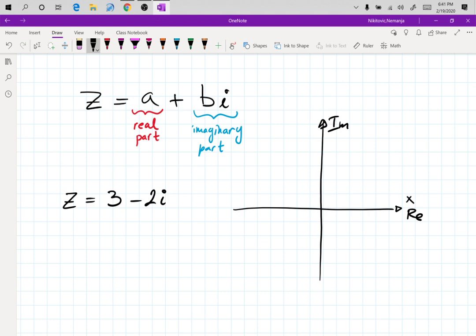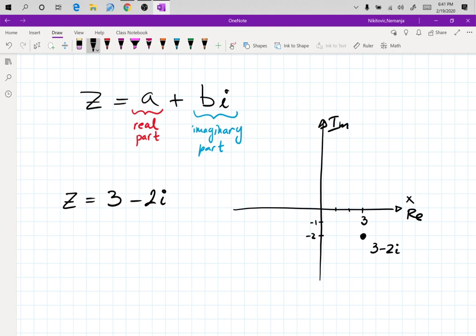So we go 1, 2, 3 on the real axis, and then we go 2 units down because it's negative 2, and this point here is 3 minus 2i. So I hope you understand why this is called a two-dimensional number.